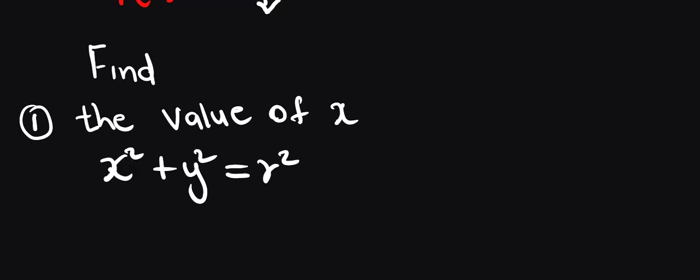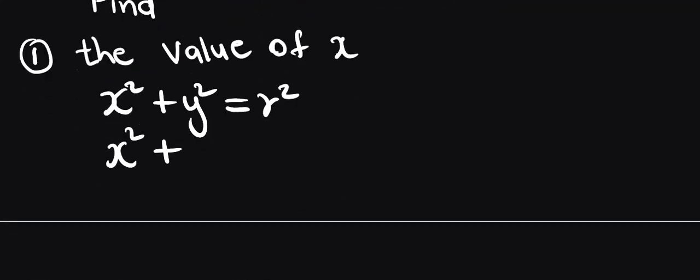Now we will substitute y and r, meaning we will have x squared plus, we know that y is equal to negative 9, so negative 9 squared, is equal to, we know that r is 15, then we will have 15 squared.